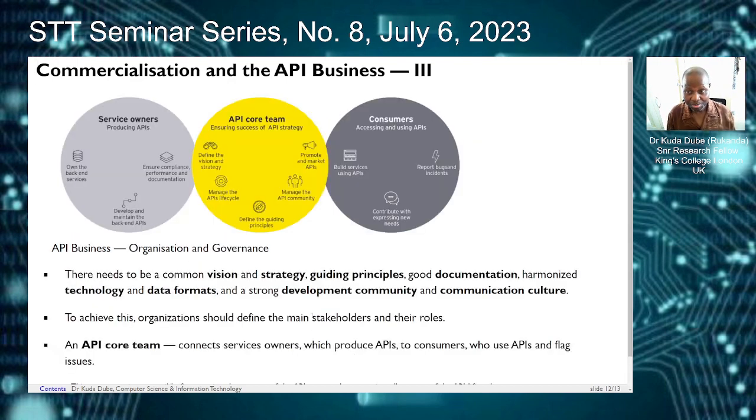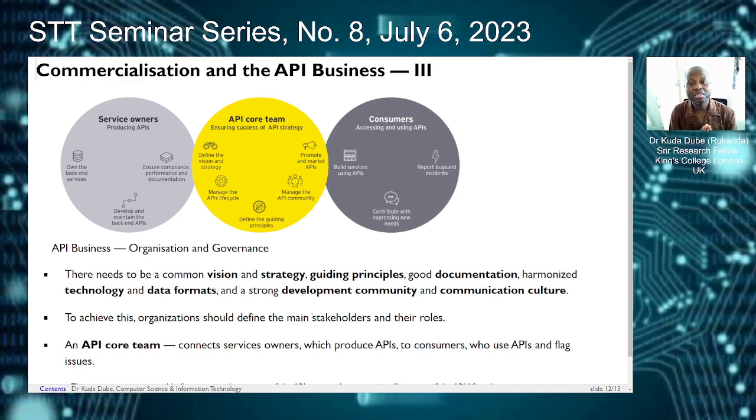Right. When setting up an API business for the purpose of commercializing APIs, it is important to consider these three pillars. The three pillars are the service owners, the API core team, and the consumers.